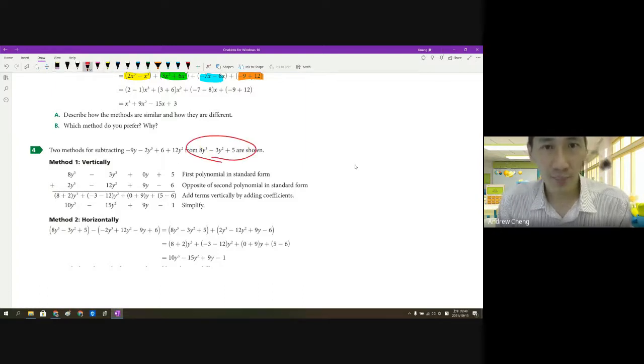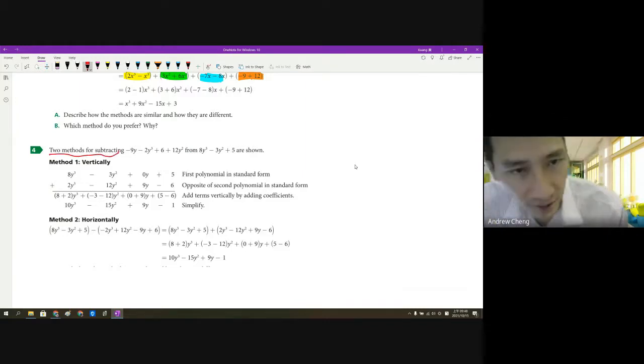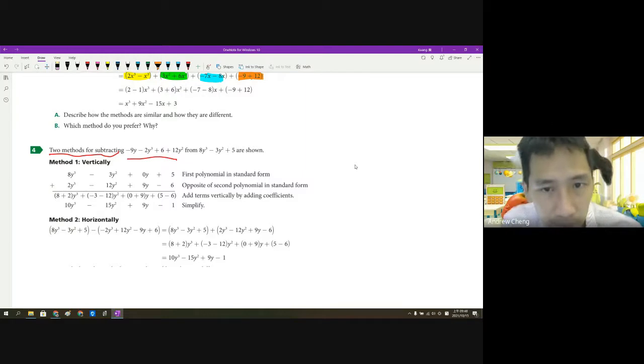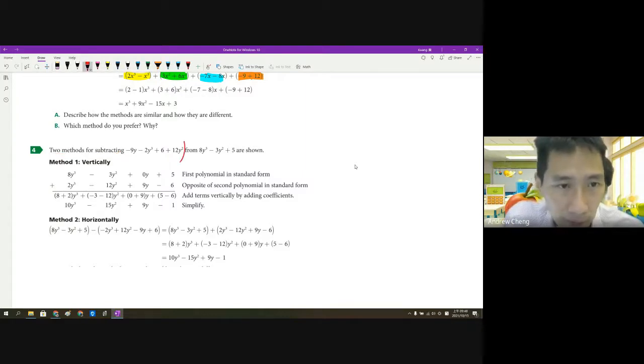For example, subtracting this from that is actually this minus this. When you minus something, if you want to convert to plus, everything inside must change sign. For example, every term inside must change sign. So negative 3y squared becomes positive.